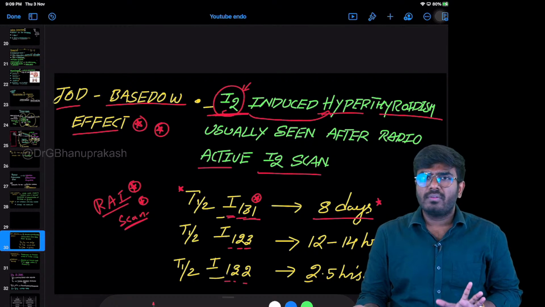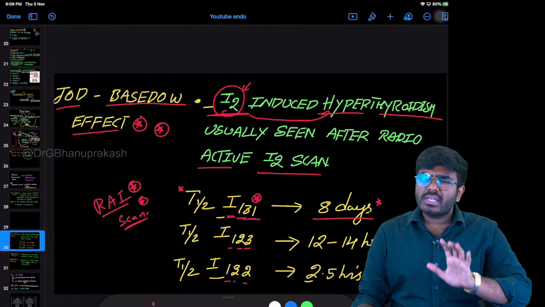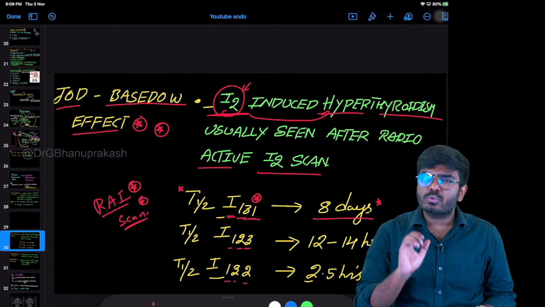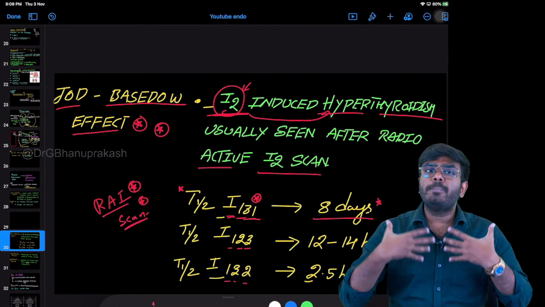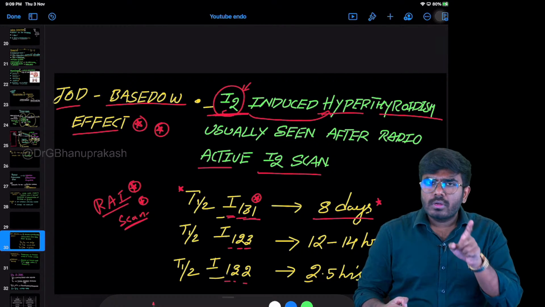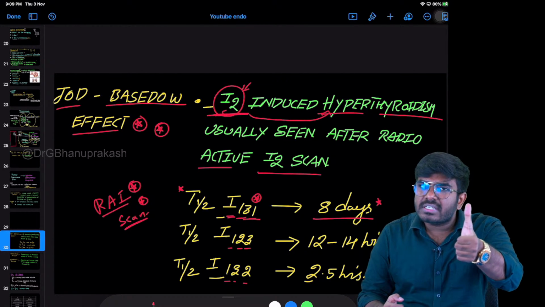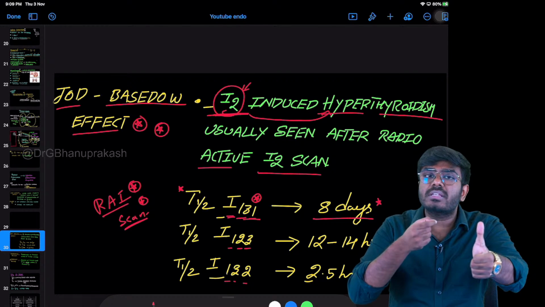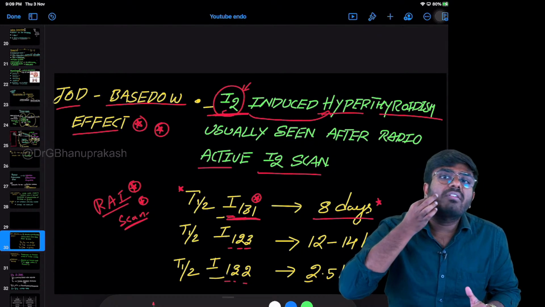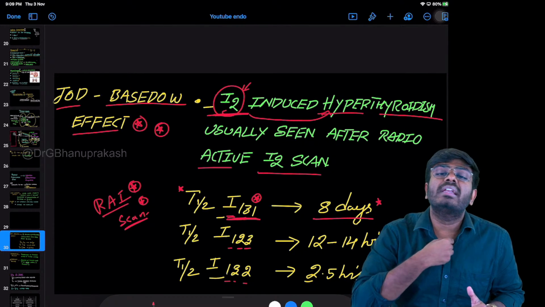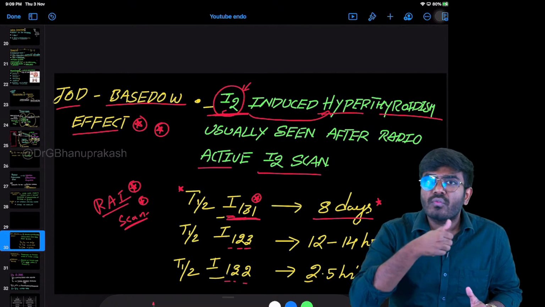Which treatment? You all know about Graves' disease, right? I think most students know about Graves' disease. The patient is suffering from hyperthyroidism. So how to treat this condition of Graves' disease? Give this person iodine 131. The moment you give iodine 131, it will go and stay in the thyroid gland for 8 days.